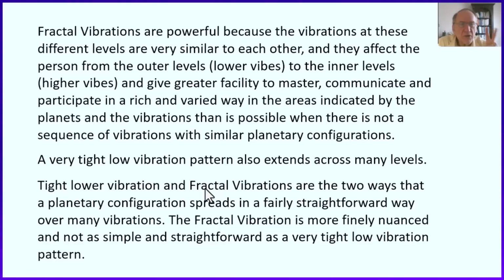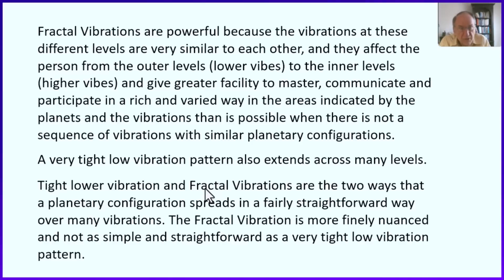Let me mention this. There are 2 ways that planetary configurations can spread across vibrations. One is fractal vibrations. The other is if you just have a planetary configuration with a very small orb, like you have a T-square in some vibration, say 7 vibration, and that T-square has almost no orb at all. Well, as you double the orbs, it will stay there.